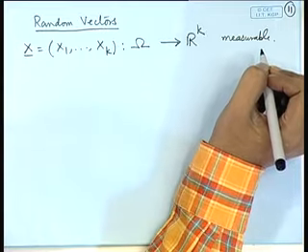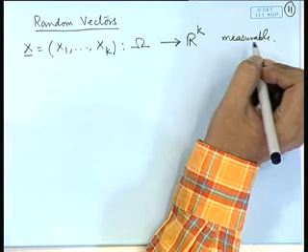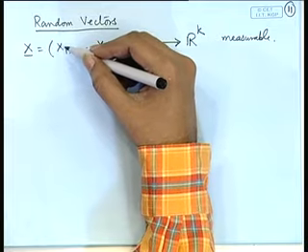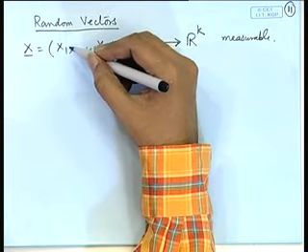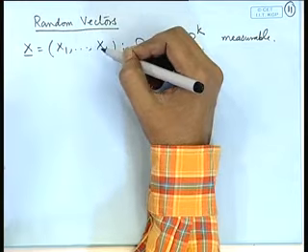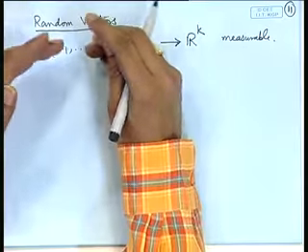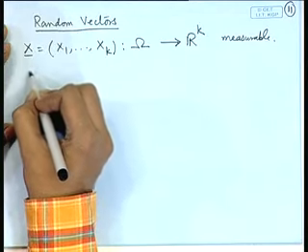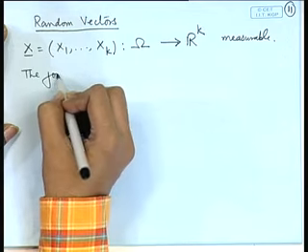Now, you may have some of the random variables Xi as discrete, some of them as continuous. We may have some of them as mixtures. So, all types of possibilities of the type of the random variables are there. We may make use of the joint CDF.